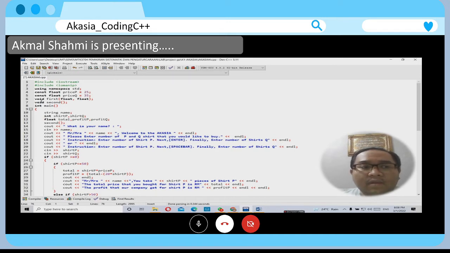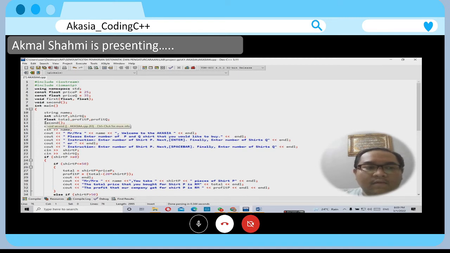And then we declare a prototype function void first float, which means there are two data types with two variables, and void second. And then we continue with int main, open braces. This is the main of all. And then we have string name, and then integer shirtP, shirtQ, and data type float total, profitP, and profitQ.